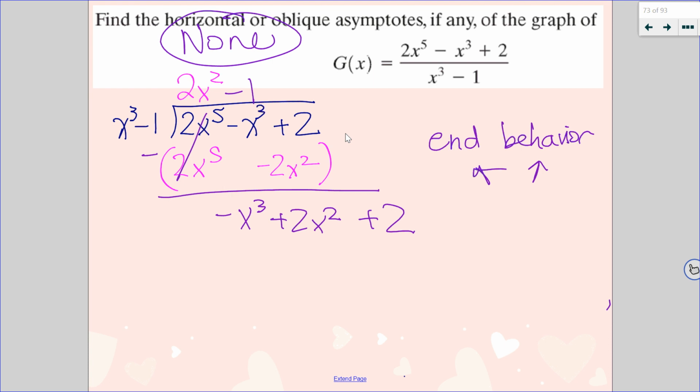So if you saw that the difference between the degrees is more than 2, then you just don't do all the work. Yeah, you could have probably stopped after the first term, because after the first term you know if it's a cubic, if it's a square, and you know if the first term is positive or negative.